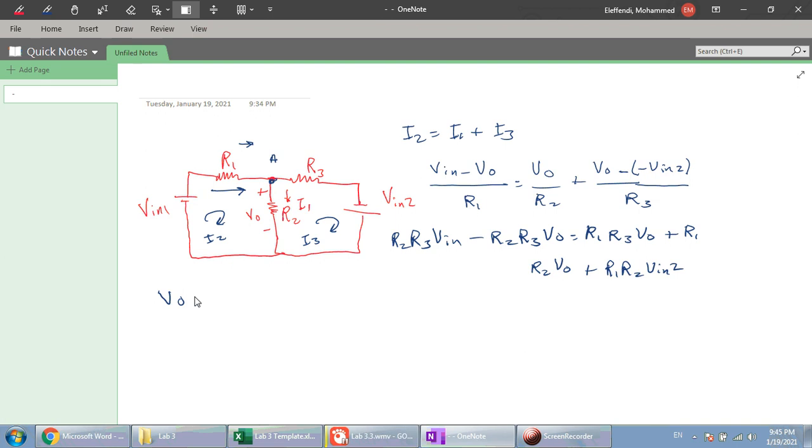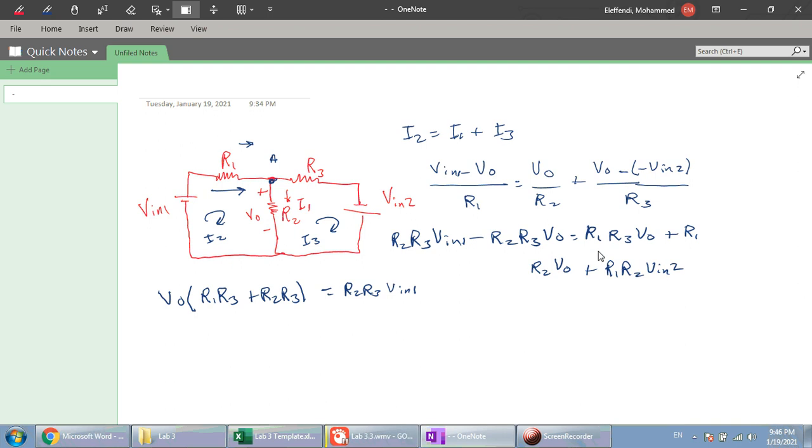So we would have V out times R1 R3 plus R2 R3 equals, here we have V in 1, I should have specified that this is V in 1. There's no other terms for V in 1, so I'm going to write R2 R3 V in 1.